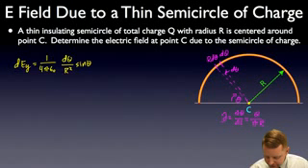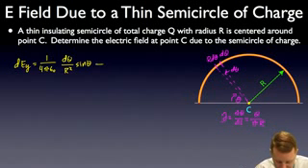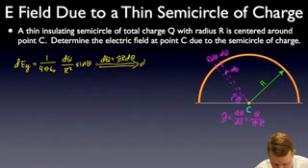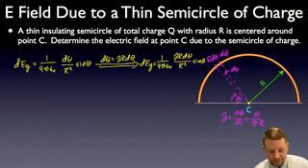The little charge in here must be the linear charge density times the length of that line. So we can say, since dq equals lambda r d theta, that the differential of Ey equals 1 over 4 pi epsilon naught, lambda r d theta over r squared, sine theta.